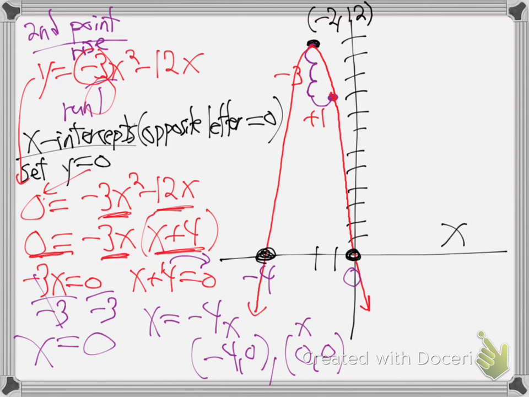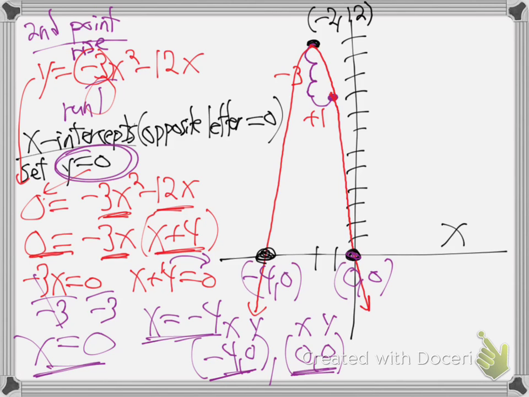Because both of those x values go with y values that are 0. Why? Because y equals 0 led to x is 0 and to x is negative 4. So they both go with a y of 0. The coordinates of this point are 0, 0. The coordinates of this point are negative 4, 0. So they want you to list these two with a comma in between them. Those are the two x-intercepts.